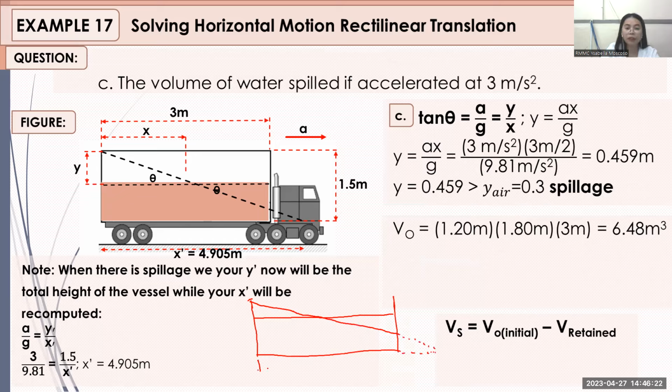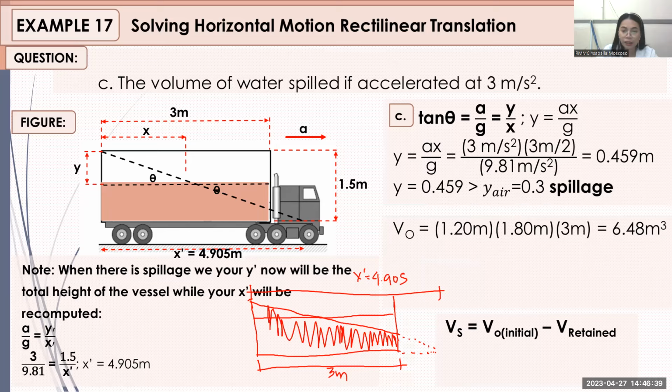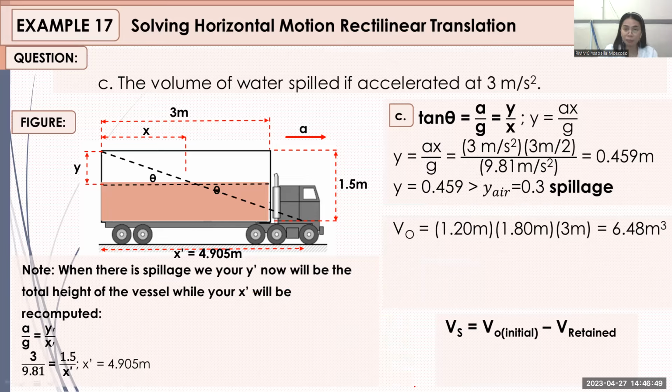Diba yung total length natin is 3 meters only, pero yung x prime natin is 4.905. But totally, ang nakikita nyo lang naman is ito lang. Ito lang yung volume retained natin, kasi itong point na ito na yung volume na lumabas mismo sa vessel ninyo. Okay? So, you need to understand this principle.